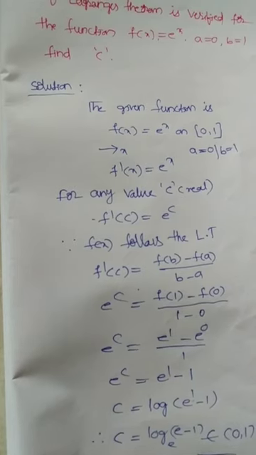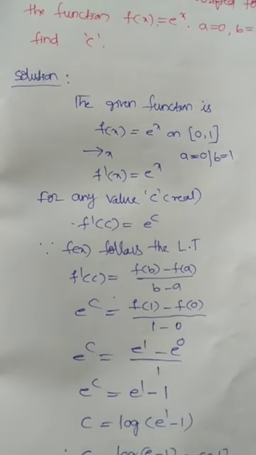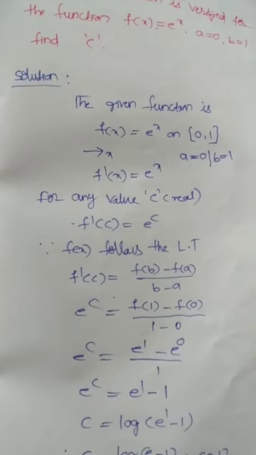So this ends the problems on mean value theorems. On this topic we had seen two theorems, Lagrange's mean value theorem and Rolle's mean value theorem. We had solved some problems regarding these two theorems. We had verified Rolle's theorem and Lagrange's theorem, and we had already discussed the steps we have to follow to verify the given function.